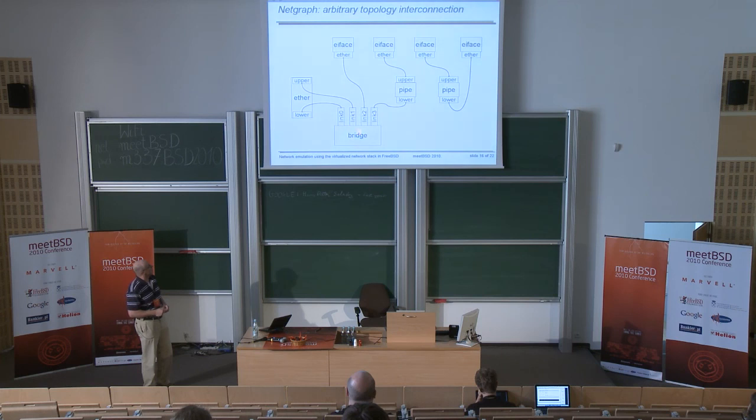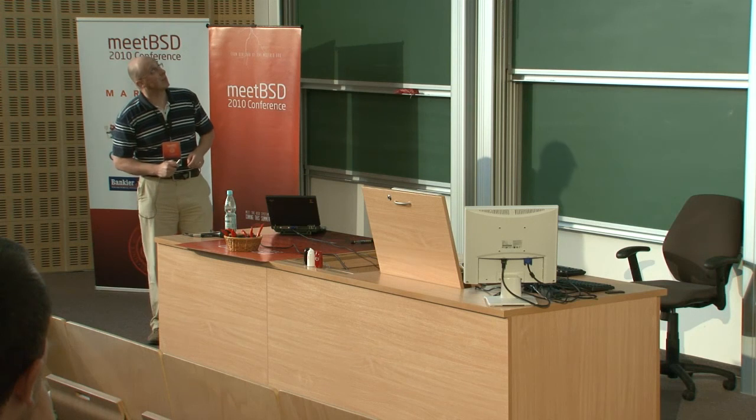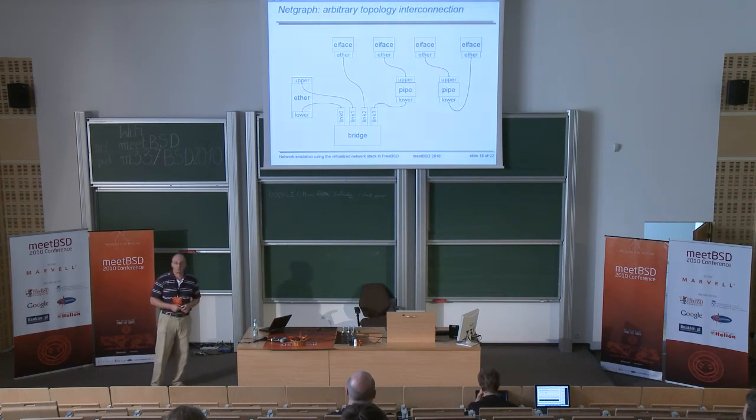We can insert a bridging node between the upper and lower hook of this edge netgraph node, and then all the packets that come in from the network will be routed here. If this bridge is smart enough, it can operate as a self-learning bridge and switch packets based on the destination MAC addresses.